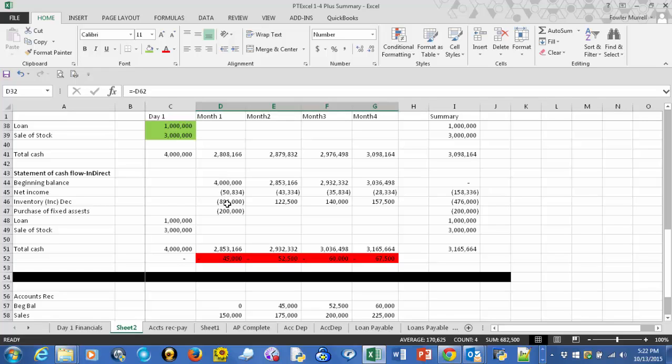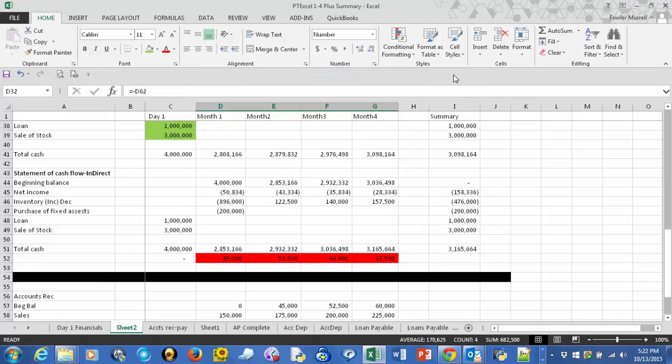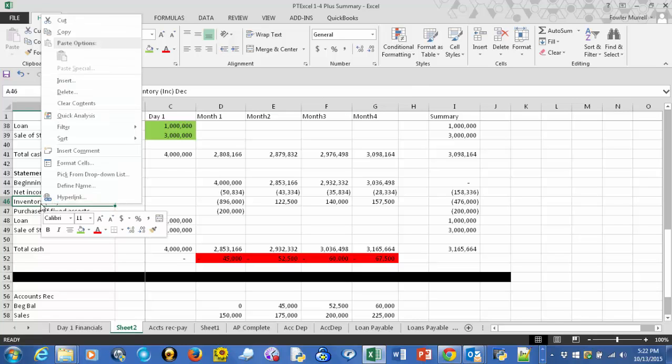Well, we have to analyze the receivables, just like we did with the inventory. We now have this receivable that has changed, and we're in the statement of cash flow indirect, which calls for analysis of our current assets. So we need to put a row in here.